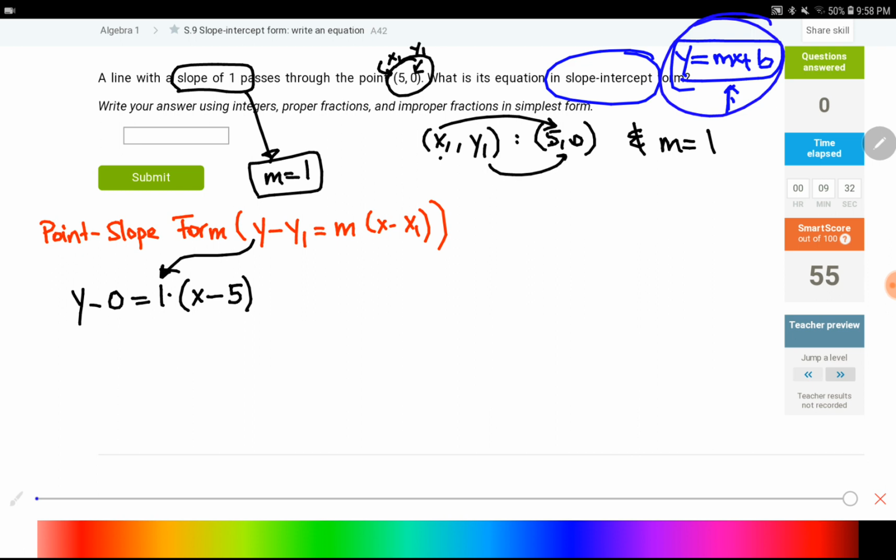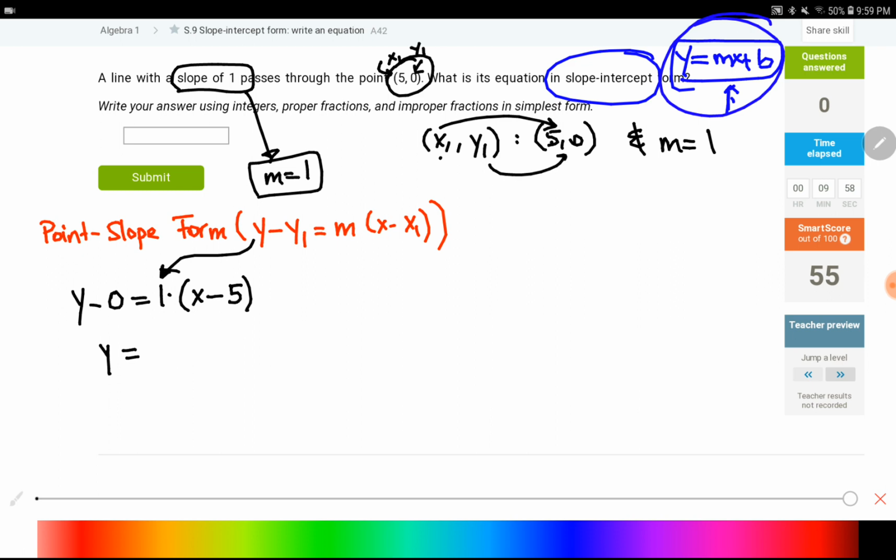When y is by itself, you have the slope-intercept form. Okay, so now let's think about what y minus 0 equals to. When you have any expression, any term, any number, if you take 0 out of it, the value is not going to change. So y minus 0 is the same as y equals 1 times a binomial.